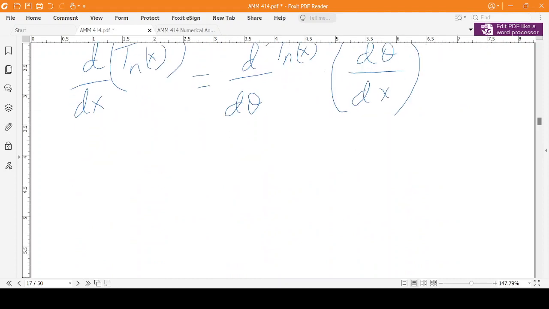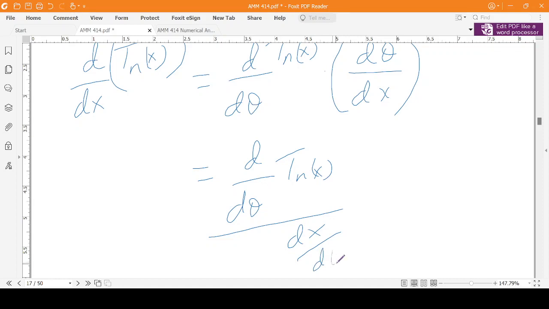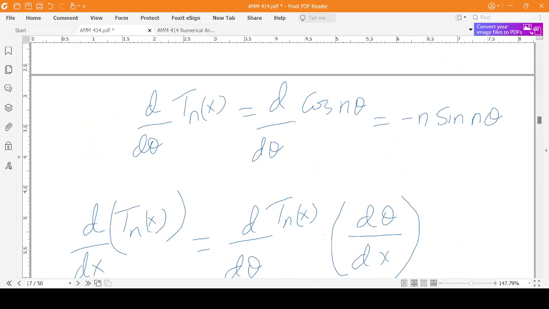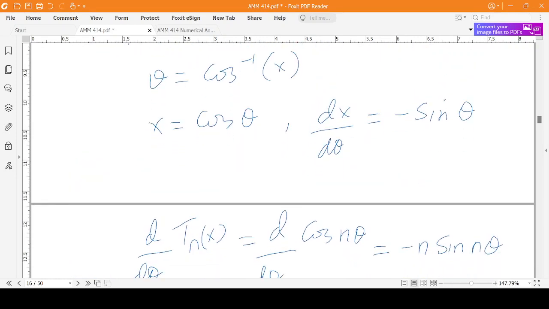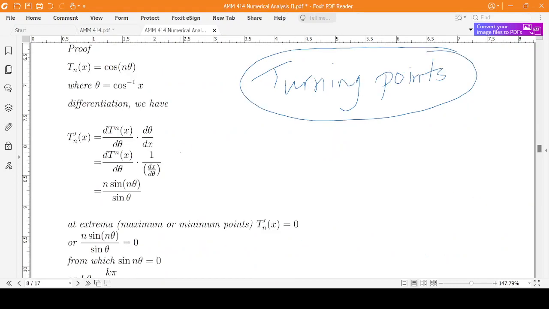So we write this as the derivative with respect to theta of Tn of x divided by dx by d theta. So that we have n sine of n theta divided by sine of theta. When we divide these two, see that the signs will just cancel out. So we get n sine of n theta divided by sine of theta.